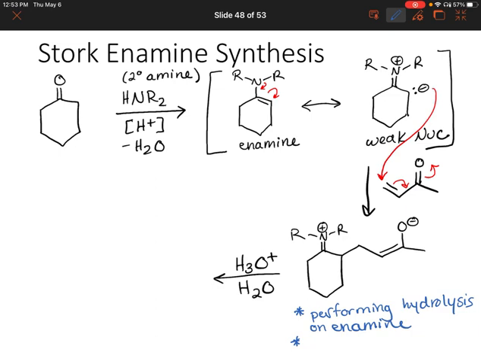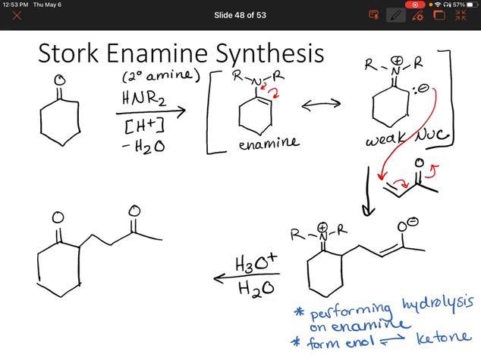And then we're also going to form our enol, which will tautomerize to the ketone. So now our final product is that 1,4 addition product that we saw before. And now it's the major product instead of the minor product.